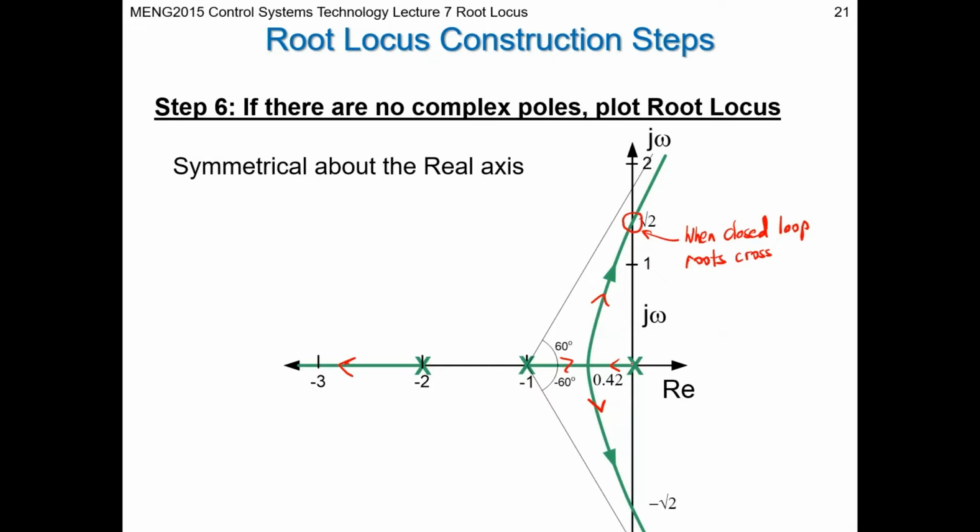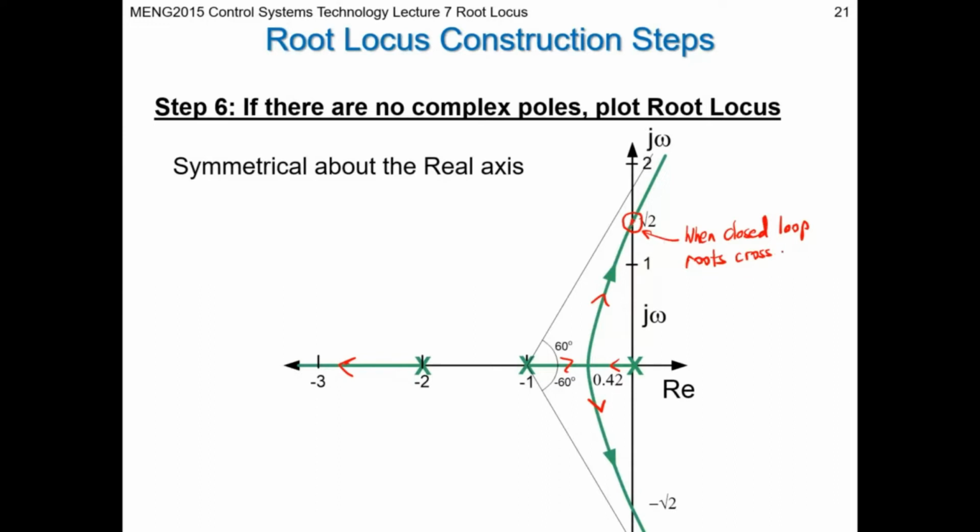But these two here, both of them are symmetrical about the real axis. One of them is progressing, and it will get to a point where, as the gain increases, the closed loop root location is going to lie right on the imaginary axis.